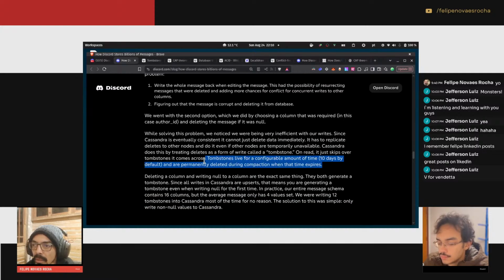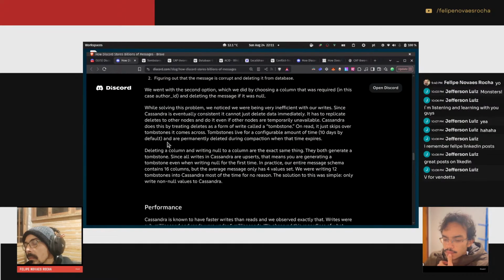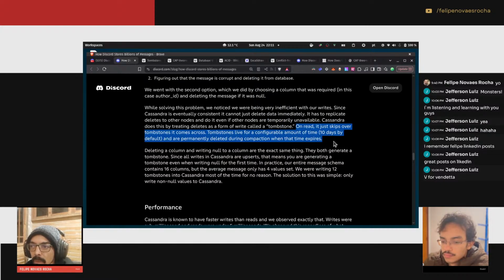I don't know if that's the case with Apple. Apple had a problem in the past. Some data was deleted, but after some months, the data came back. Does Apple use Cassandra as a database? I think so, parts of the cloud service they have, though I'm not sure. But the tombstone concept is not only from Cassandra, right? Other databases also have the same concept.